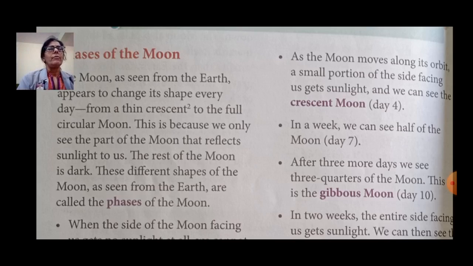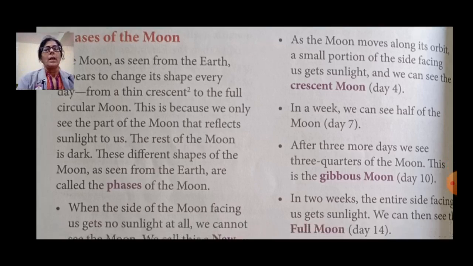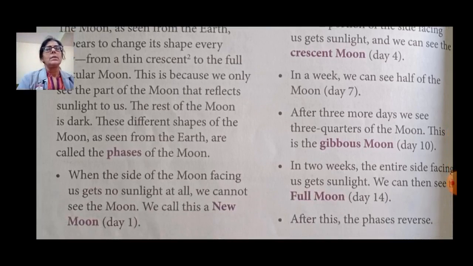In a week we can see half of the moon, that is on the 7th day. After 3 more days we see 3/4 of the moon. This is the gibbous moon, on day 10. In 2 weeks the entire side faces us.